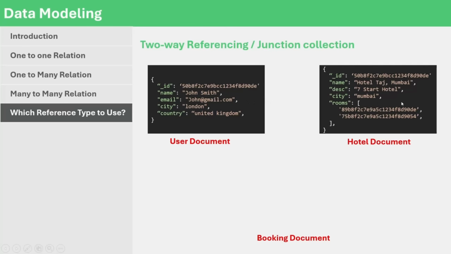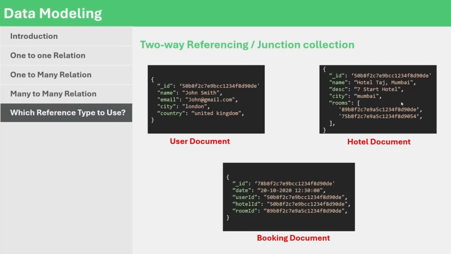we create a junction collection. So in this example, we can create a booking collection. And in that booking collection, we are going to store all the booking documents. And what is the booking document going to store? It is going to store the user ID of the user who has made the booking, and it is also going to store the hotel ID of the hotel which that user has booked, and also the room ID.